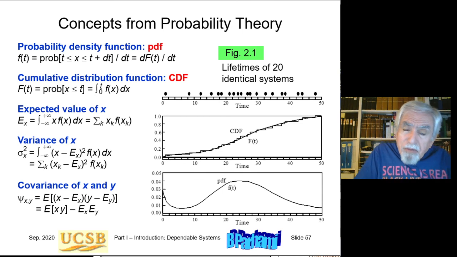First, a review of some key concepts from probability theory. As I mentioned before in lecture 1, we do make use of probability. So if you have not taken a probability course recently, it may be a good idea to brush up on your knowledge of probability by reviewing a basic probability textbook.